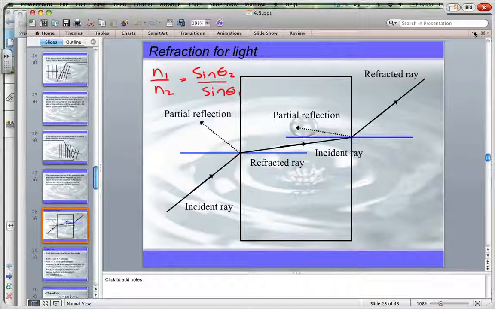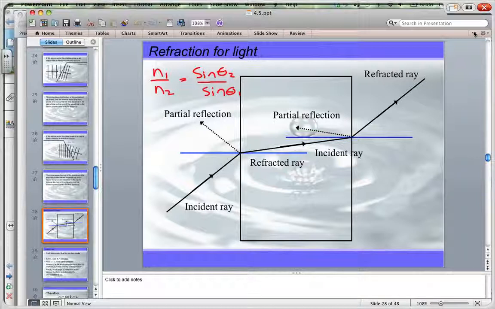Now I think what you were saying, Tina, is that we're going to be looking at what is 1 and what is 2. If we're looking at this situation, this formula relates to one boundary going from one medium to the other.